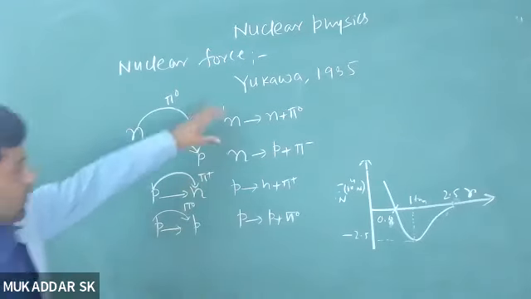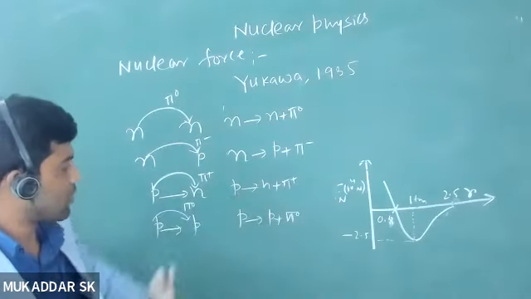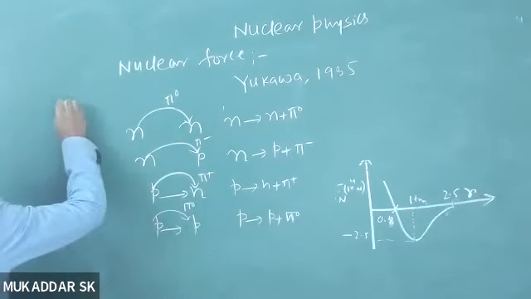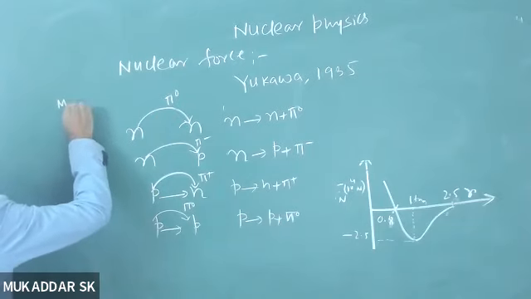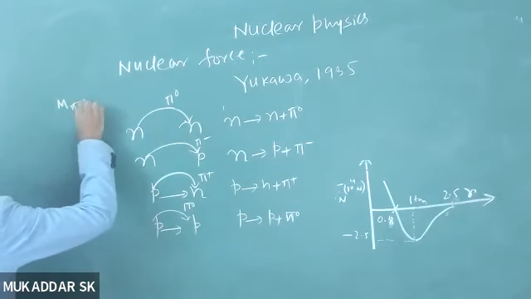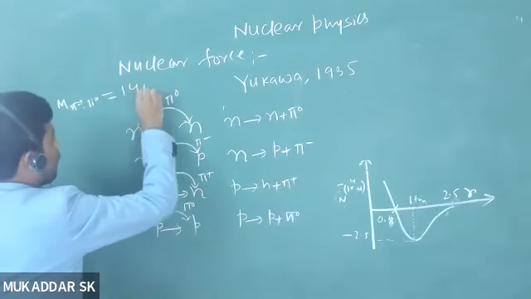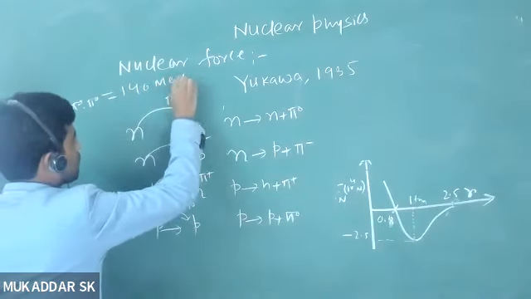But tell me, is this decay process allowed outside the nucleus? No, never, because the meson particle is actually not that light. What is the mass of a meson? If I write the mass of meson pi plus, pi minus, and pi zero also, each is around 140 MeV per c square.